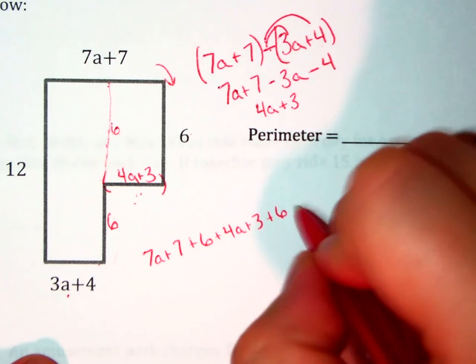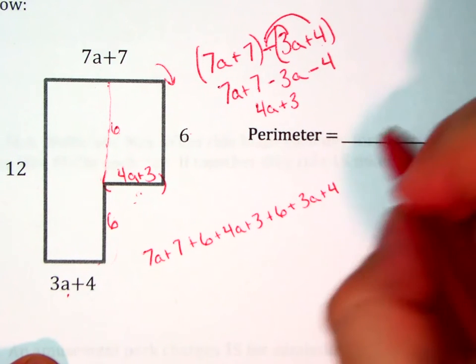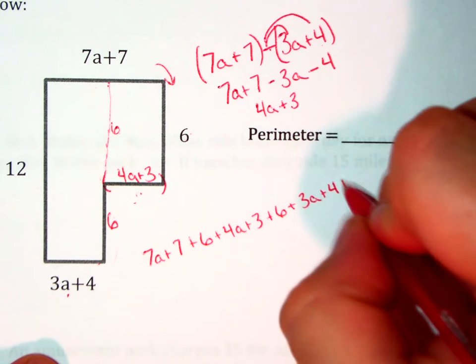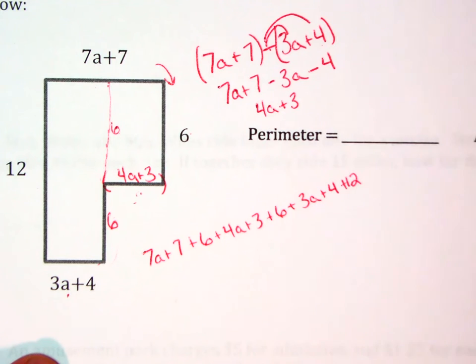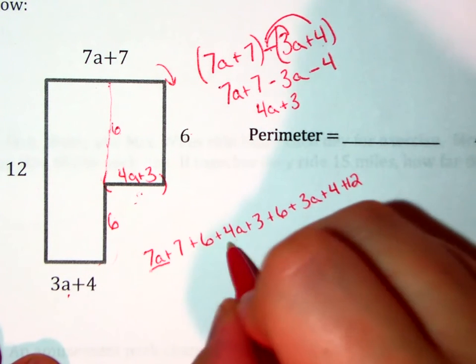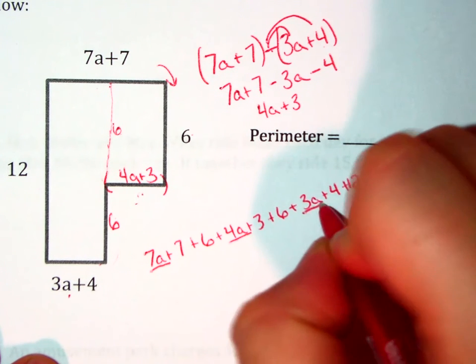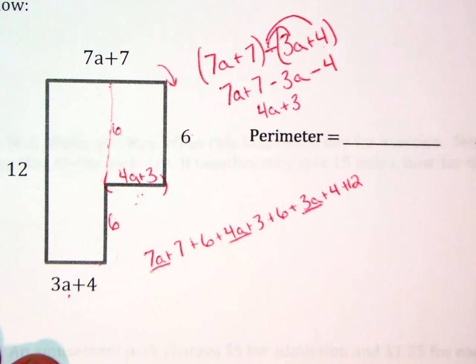Down here to the bottom, plus 3a plus 4. And lastly, plus 12. And now I can combine like terms. I have 7a and 4a, it's 11a, plus 3a would be 14a.